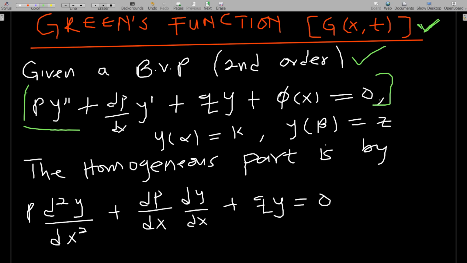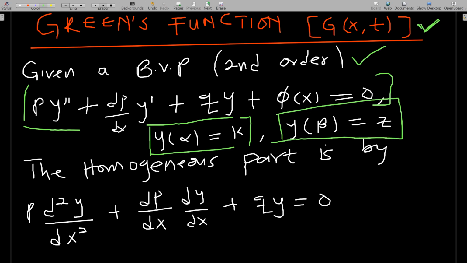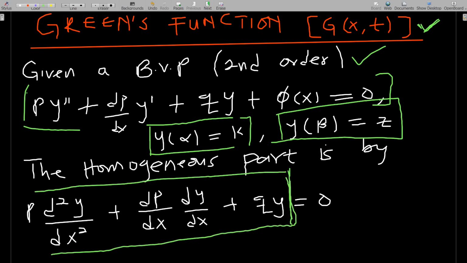This is a BVP because you have the conditions at the boundary given: y of alpha equals k and y of beta equals z, where alpha and beta are the boundaries. So the homogeneous part of this is picking the parts that contain only y's and equating them to 0. This is the homogeneous part.